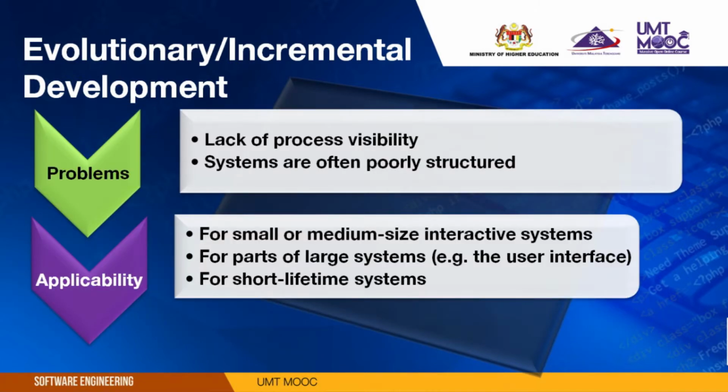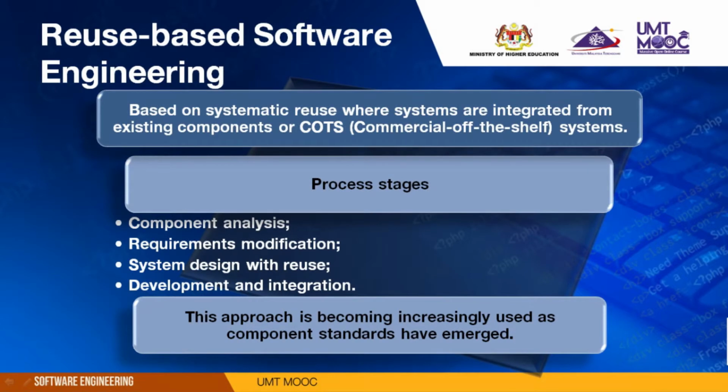While from the management perspective, the incremental model has 2 major problems. That is, lack of process visibility, and the system structure tends to degrade when new increments are added. The third type of process model is the reuse-based model. In the majority of software projects, there is some software reuse.